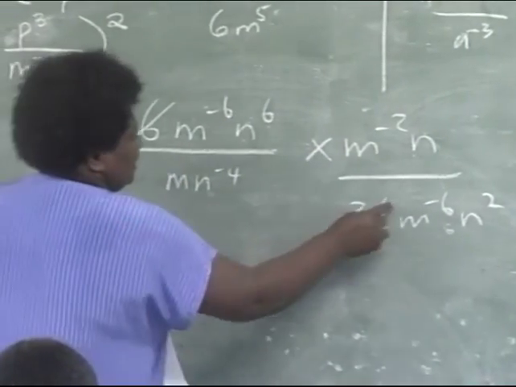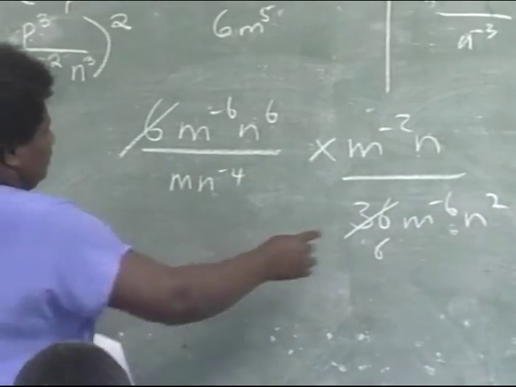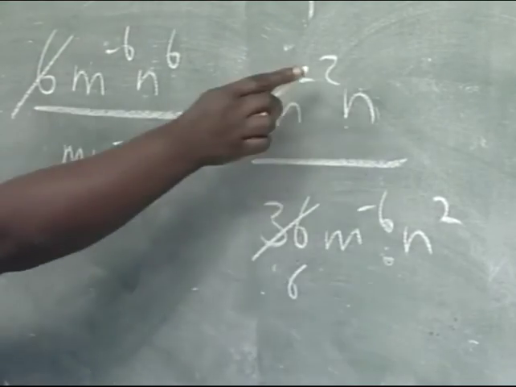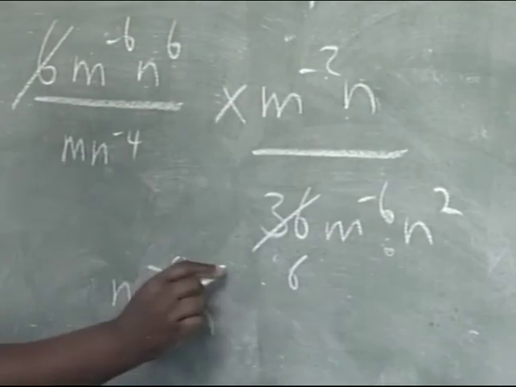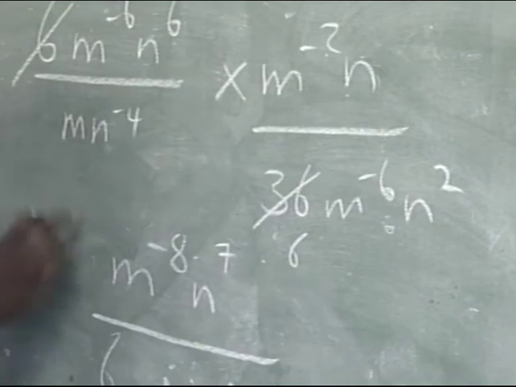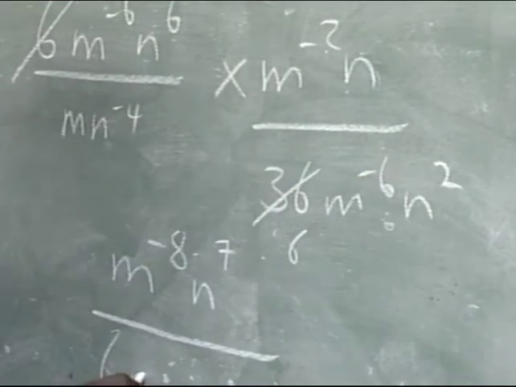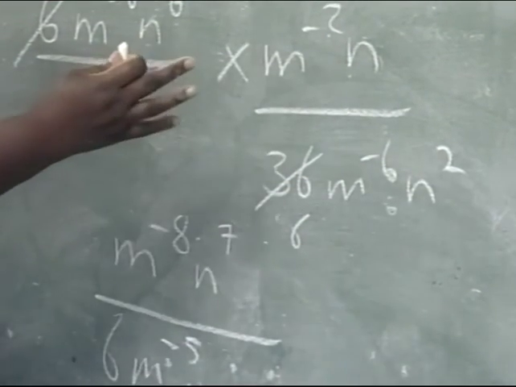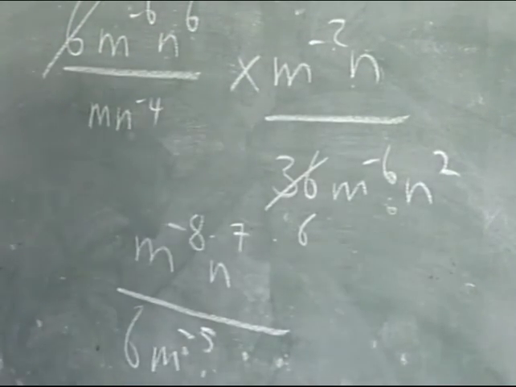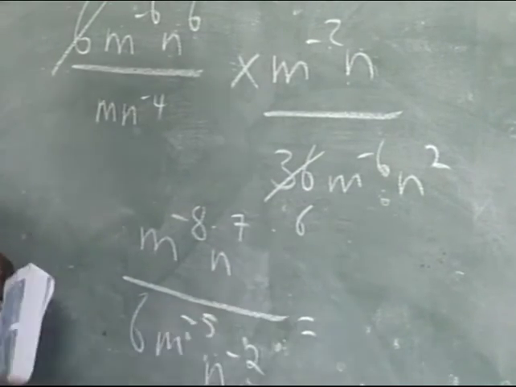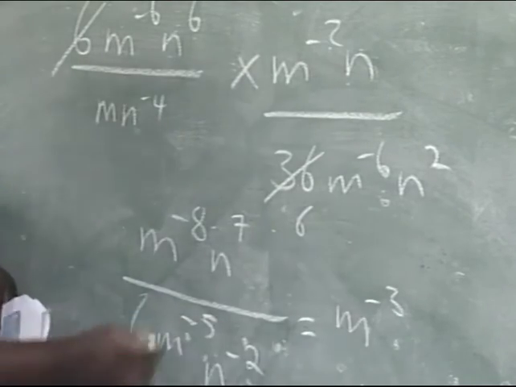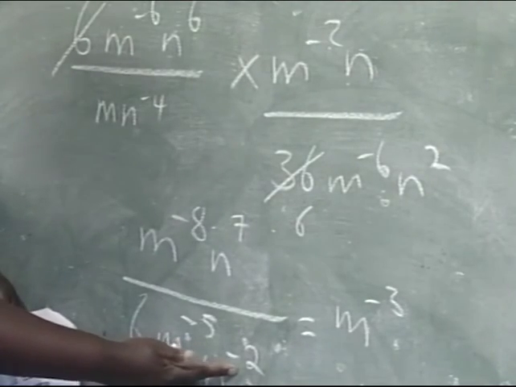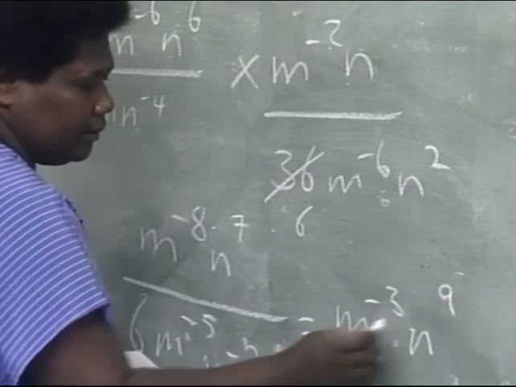Okay, 6 and 36 will give us 6 here. Minus 6 minus 2 will give negative 8. 6 plus 1 will give 7 over 6. 1 minus 6 will give negative 5. I'm just multiplying the numerators and then the indices to make it easy. Minus 4 plus 2 will give me negative 2. Minus 8 plus 5 will give negative 3. 7 minus negative 2 will give 9.